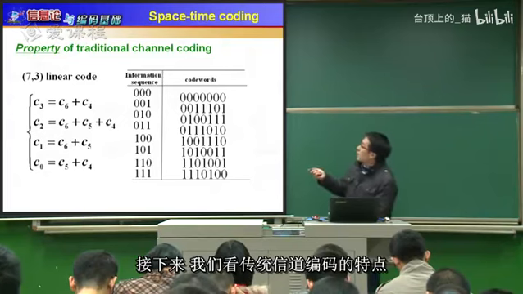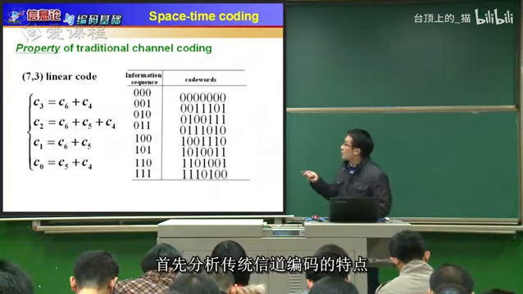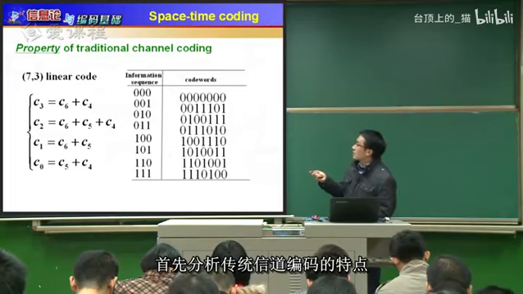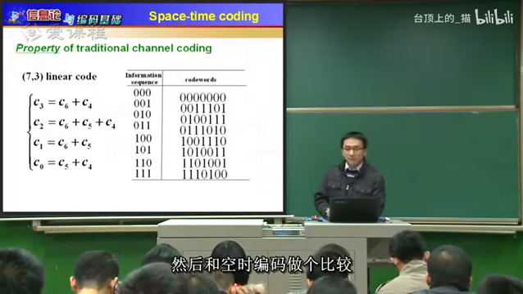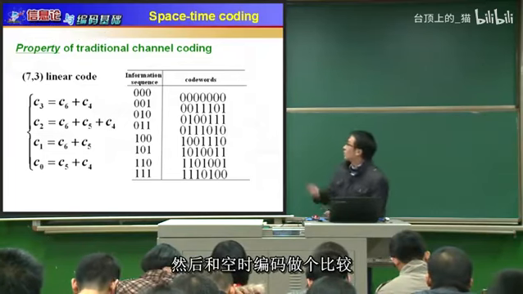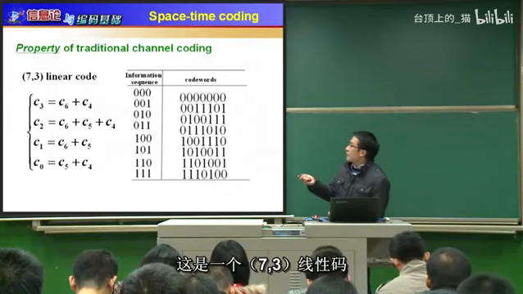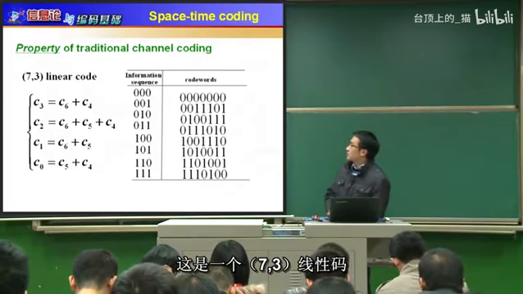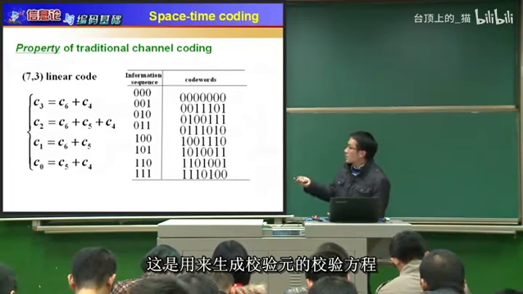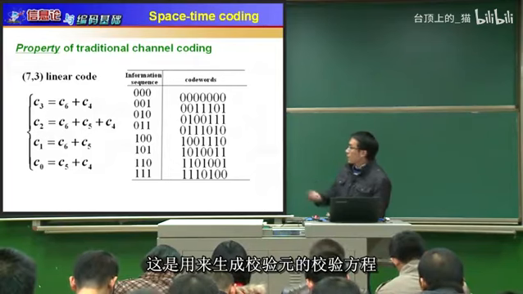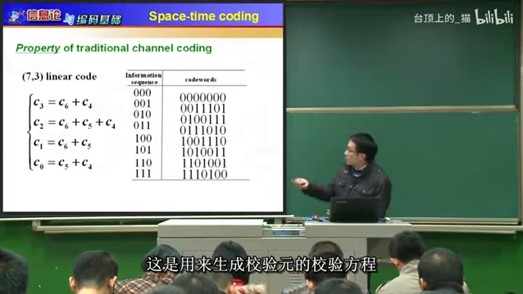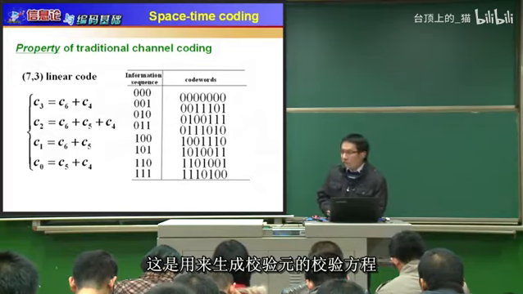Okay, let's see the property of traditional channel coding. We first analyze the property of channel coding, and then give a comparison with space-time coding. This is a (7,3) linear code. Okay, these are the equations for check bits to generate the check bits.